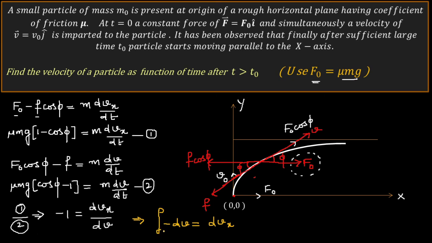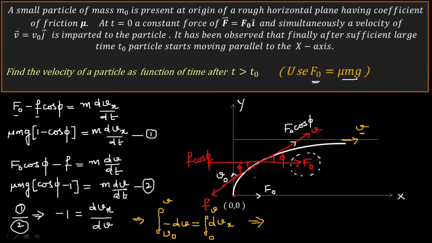The initial value of the velocity is v0, and the final value, let's say the final velocity it reaches horizontally, is some velocity v. And we know that the initial velocity along horizontal is 0, so the limits for dvx would be 0 to v. Let me explain this once again.